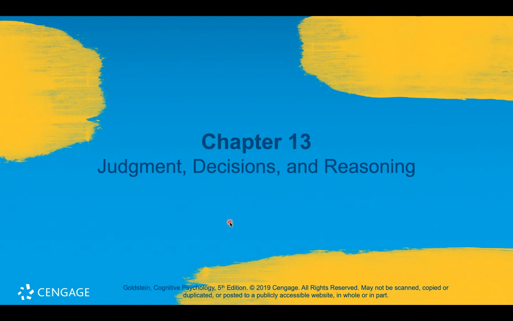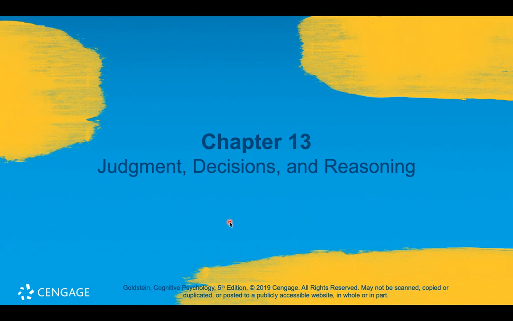Hey everyone, and welcome back to Chapter 13 of Cognitive Psychology, Psych 4100. This chapter is on judgment, decisions, and reasoning. It also represents, in a way, a much higher order level of cognitive psychology than we've been talking about all semester.